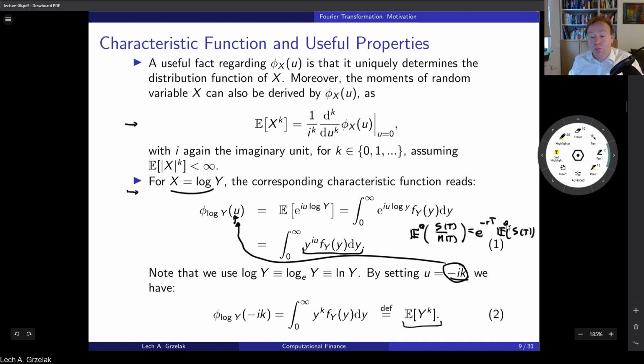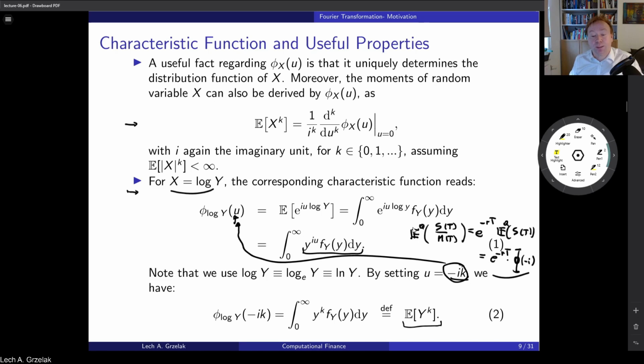If we consider interest rates to be deterministic, this will be e^(-rT) times the expectation of S_T. So this is under the Q measure. This will be equal to e^(-rT), and then we can use this property here. It will be the characteristic function evaluated at minus i, which is 1. So once we have calculated our characteristic function, we are able to check whether an implementation is correct by this property.